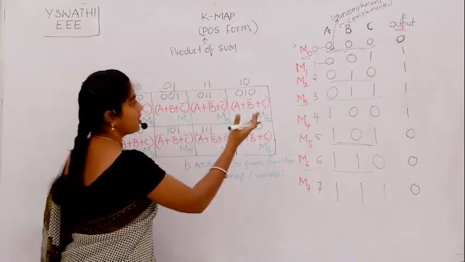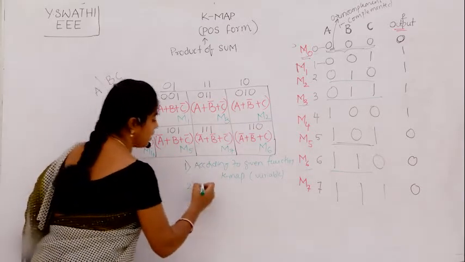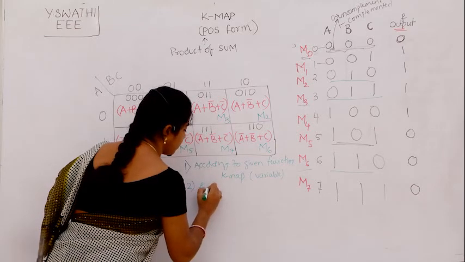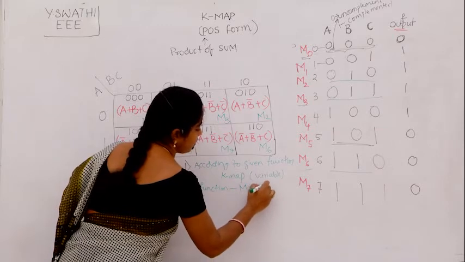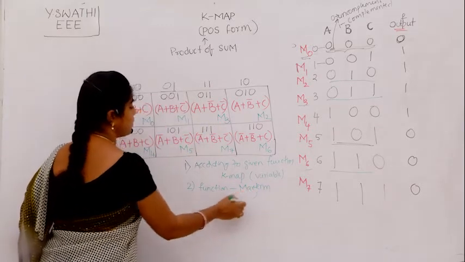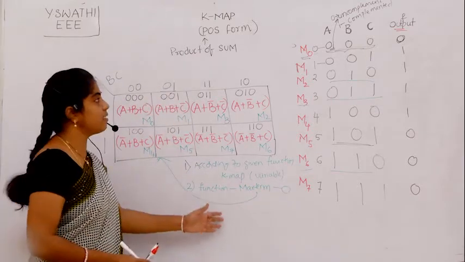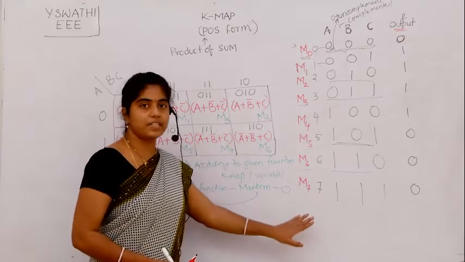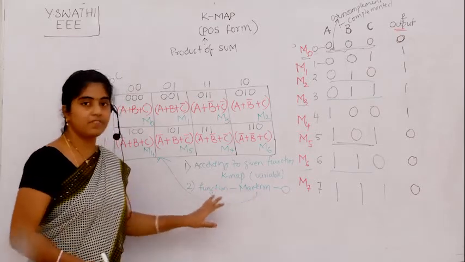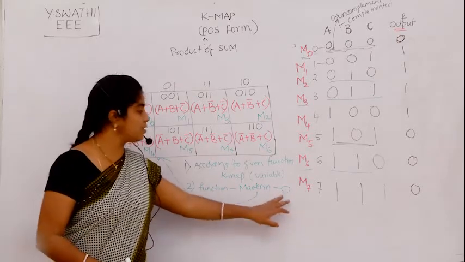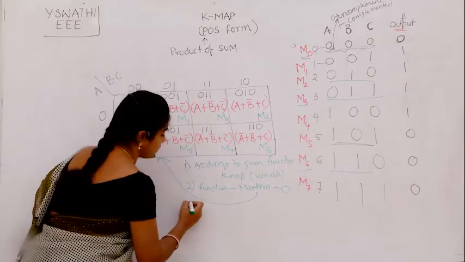If it is a 4-variable function, we should represent it with a 4-variable K-map. And then the next thing, in the function we have some max term combination. The max terms which are present in the given function should be represented with zeros in the corresponding cells.